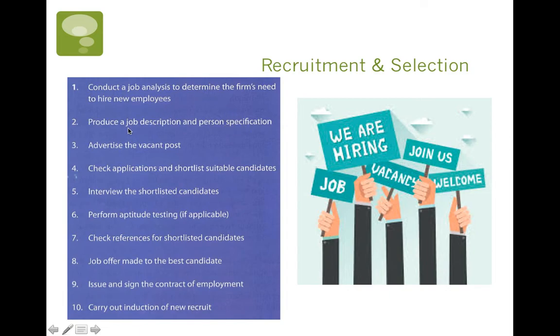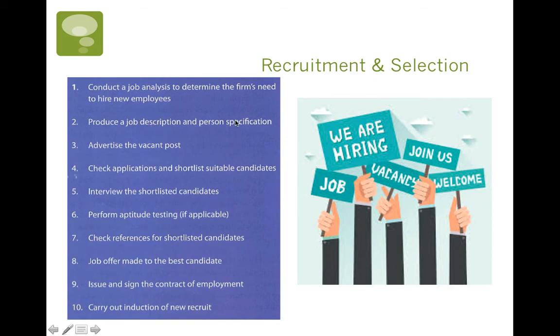So in my same example of the maths teacher, the person specification might say that they should have a degree in maths, that they should have at least 2 years experience teaching, that they should have attended a recent IB training course, that they should be honest and responsible, that they should be creative and innovative. These are characteristics, and these are qualifications, and these are requirements of experience that describe the right candidate. So there is a difference between a job description and a person specification, but the company must produce both.